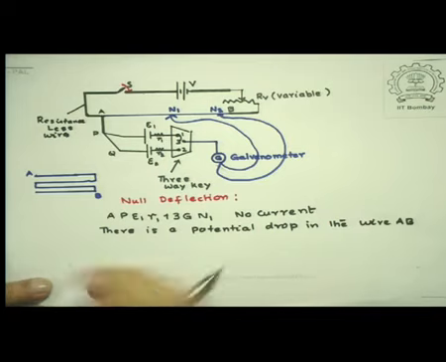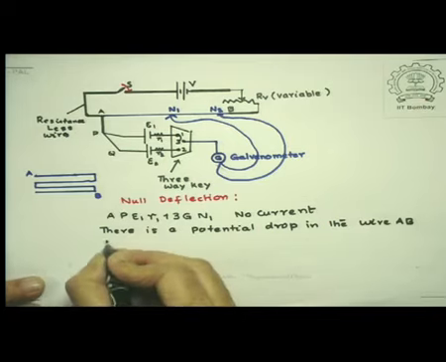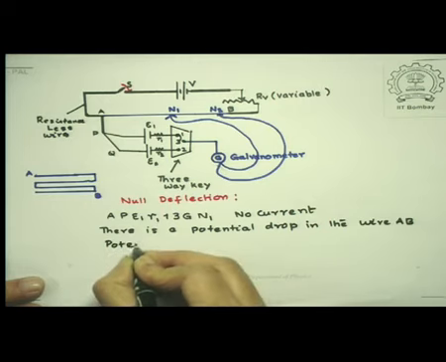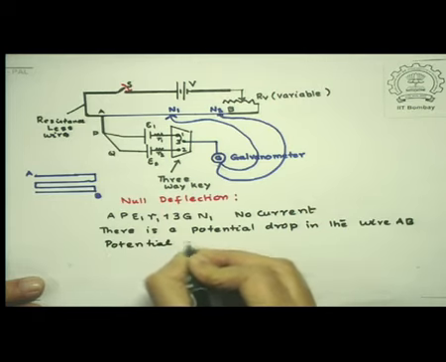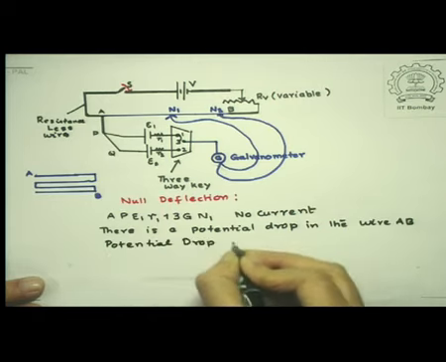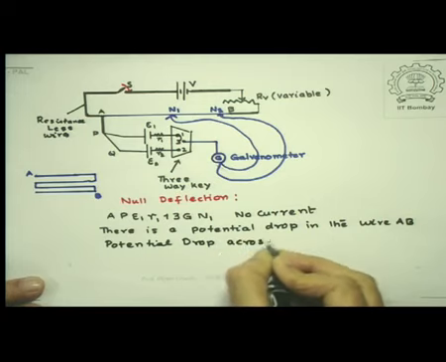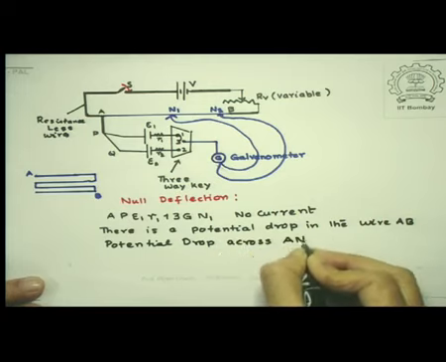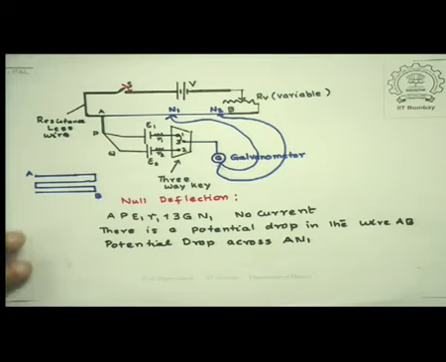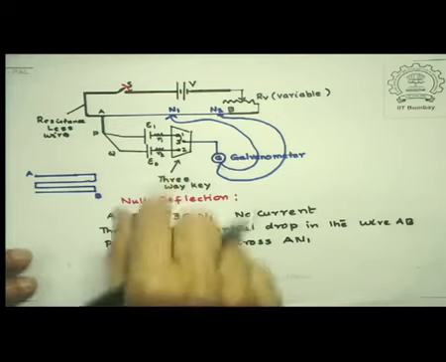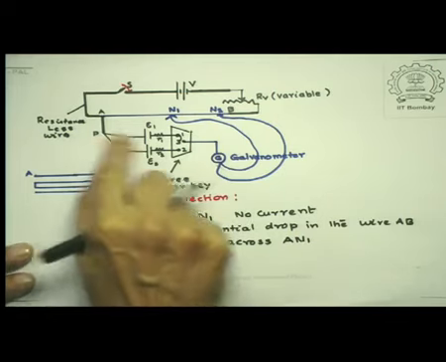So therefore, the potential drop across A N1 is the potential drop across P E1.